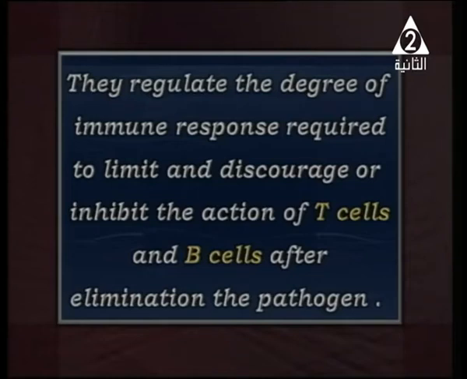So we need here a kind of manager, or some type of activation to give us a limited attacking. This limiting of the attacking, or this regulation, happens by this type of T cells.